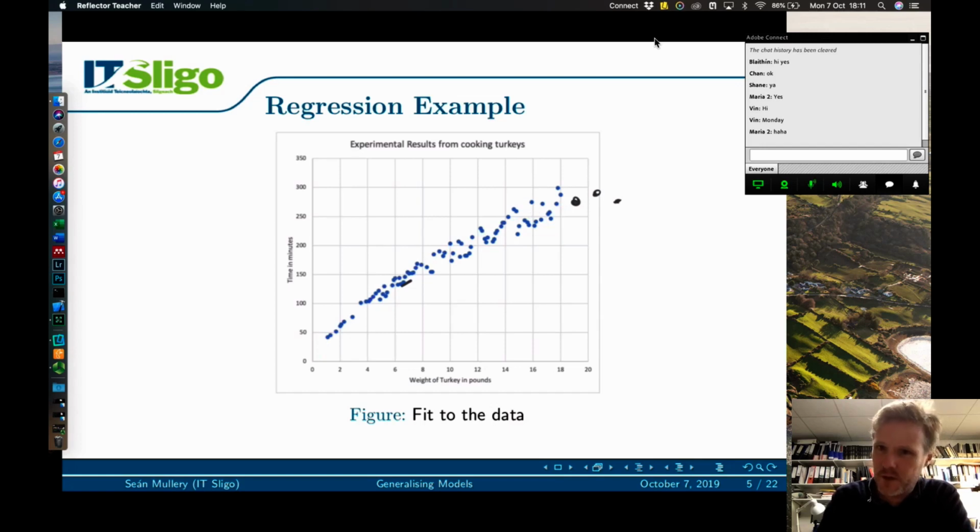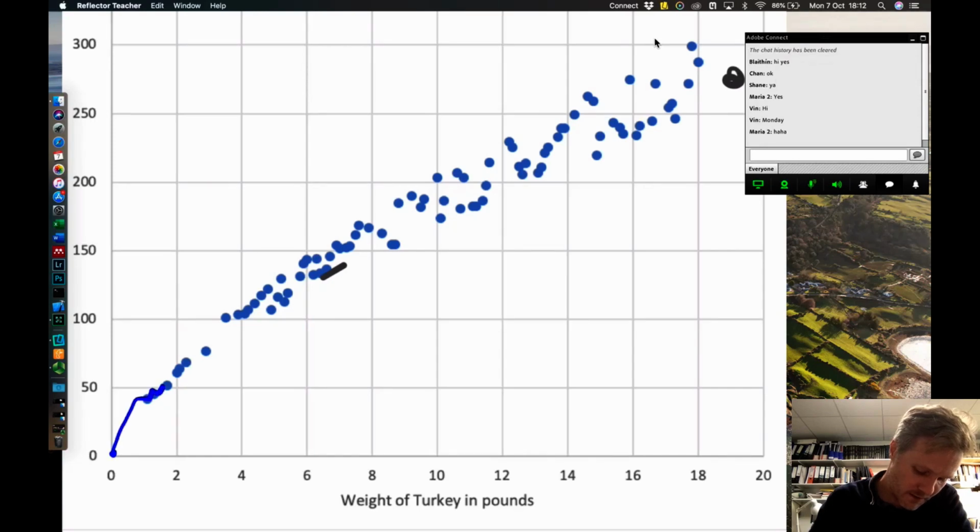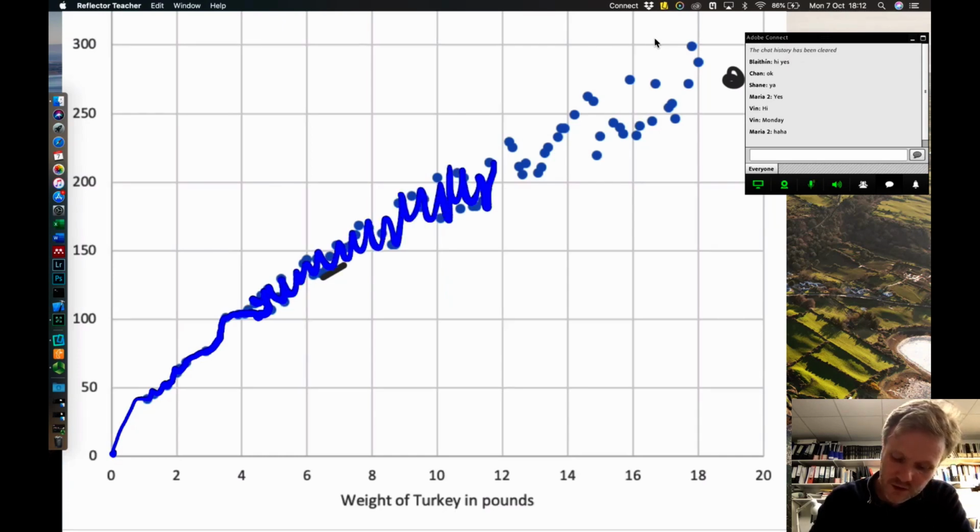Now the problem is if we go up to much higher levels of polynomials, so let's say you're going to have x to the power of 5 and x to the power of 10 and so on, all the way up there, what's going to happen in that particular case? Well, what's going to occur is the model will try and fit each of the different points, and it'll start going like this, basically trying to get through every different point, oscillating about, basically trying to touch every different point as it goes.